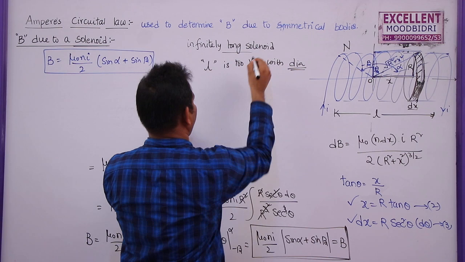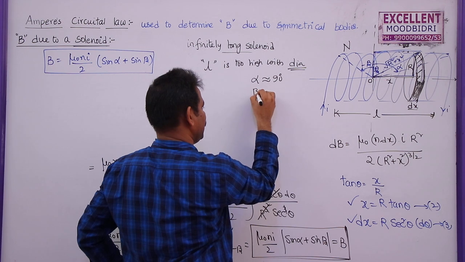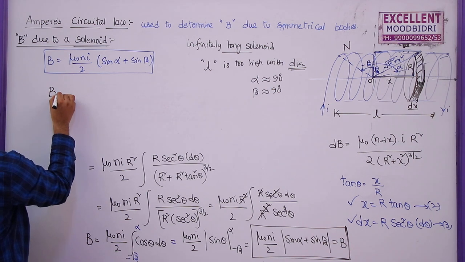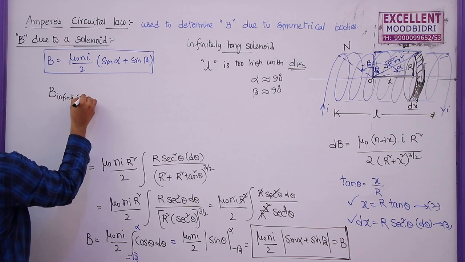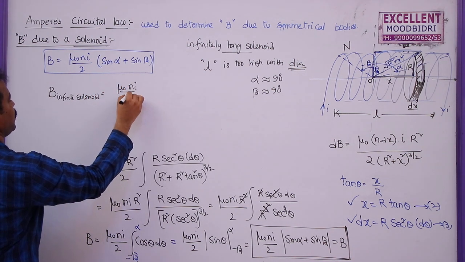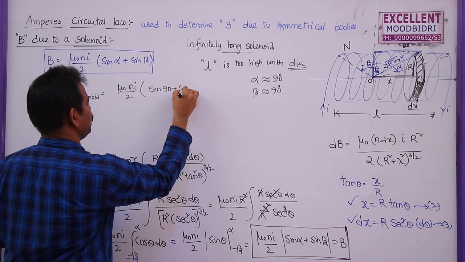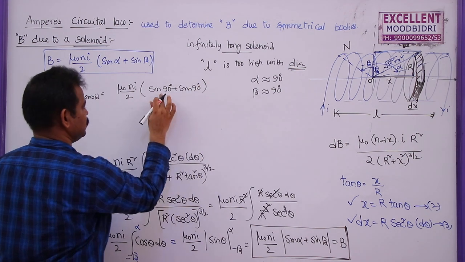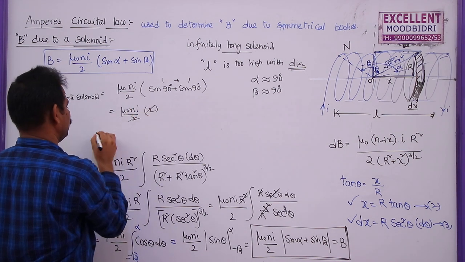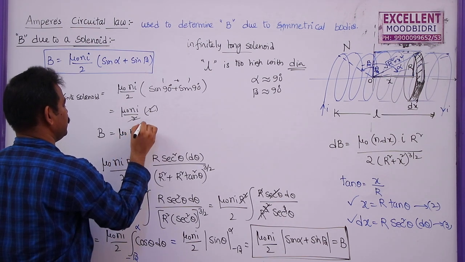If it is infinitely long, then alpha will become 90 and beta also becomes 90, and if you substitute these values, the magnetic field due to an infinitely long solenoid is given by mu naught times Ni by 2 into sin 90 plus sin 90. So this is 1 plus 1, so this will become mu naught Ni by 2 into 2. So the magnetic field due to an infinite solenoid is given by mu naught times Ni.